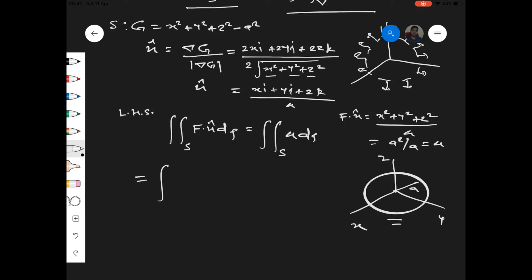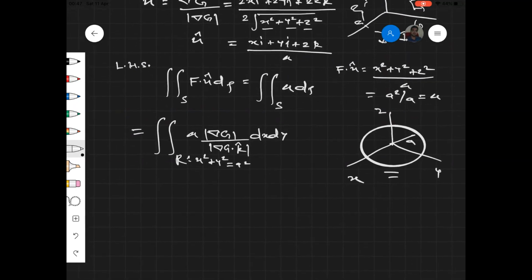So this integral will be equal to integral over the region R, where R is x square plus y square equals to a square, and this a d rho will be the value here, mod del g upon mod del g dot k cap dx dy or dy dx, whatever we wanted to put.